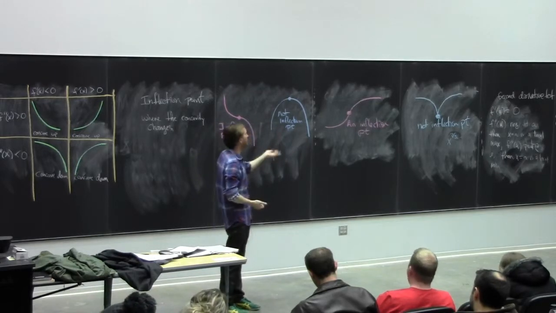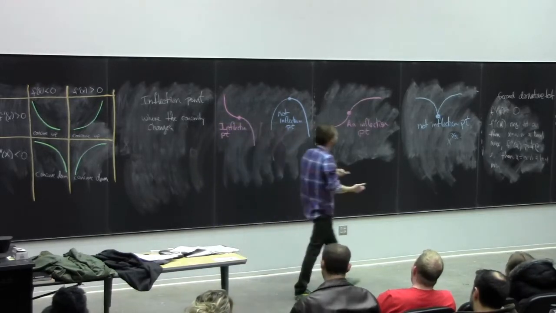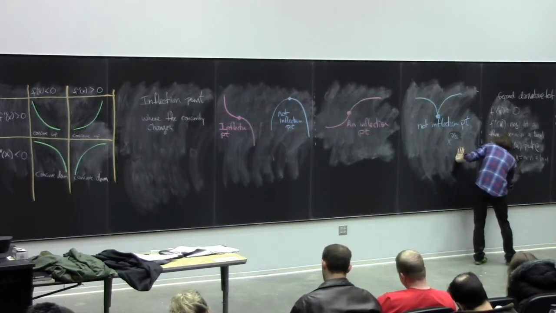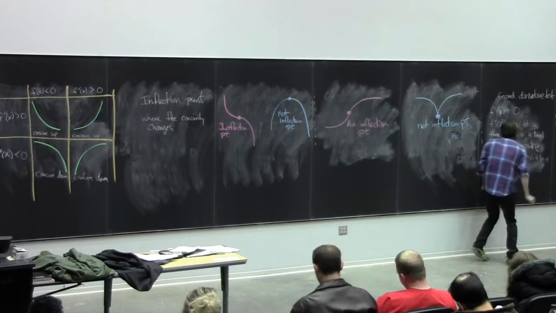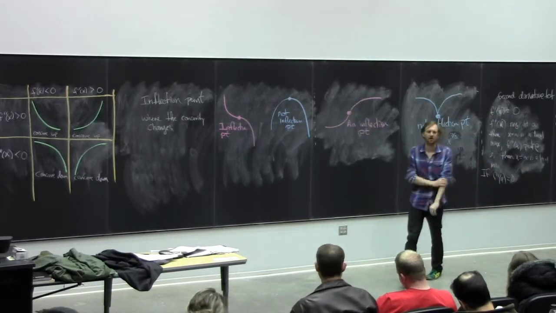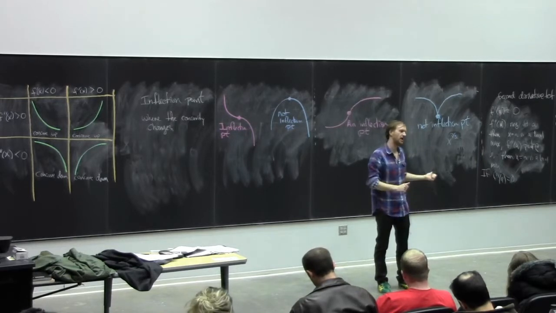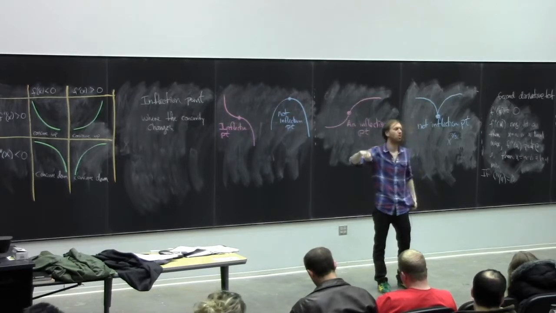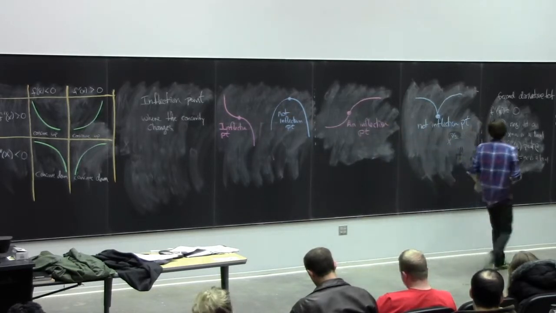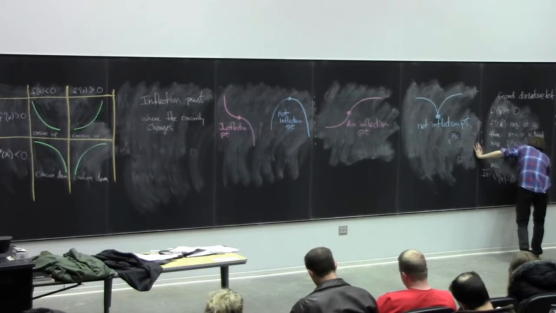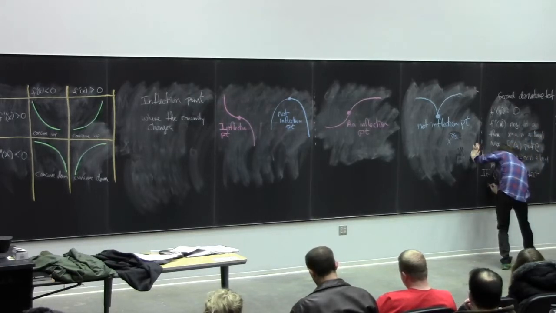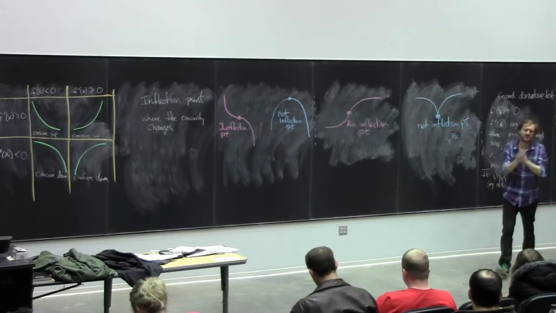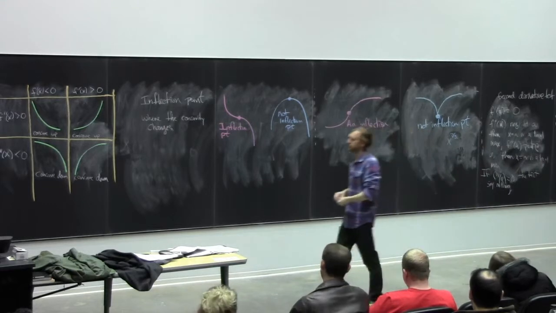And if f double prime of a equals 0, then you cannot tell, at least not with the second derivative test. Then you need to plug in points. You need to do something more sophisticated. The test says nothing. It could be a local max. It could be a local min. It could be neither.